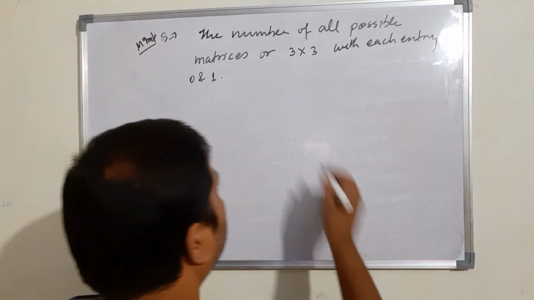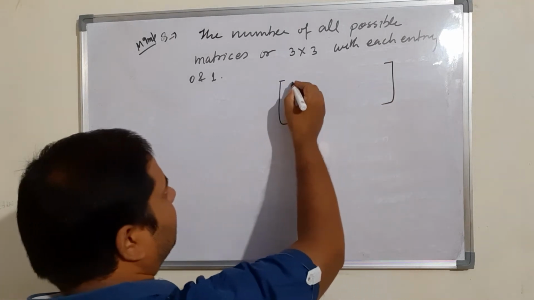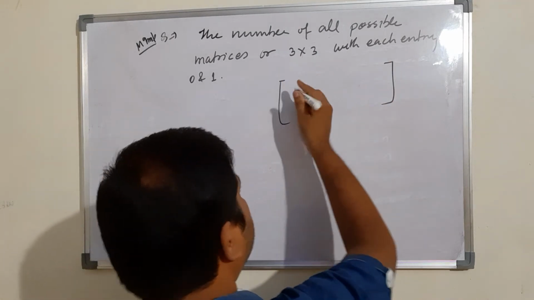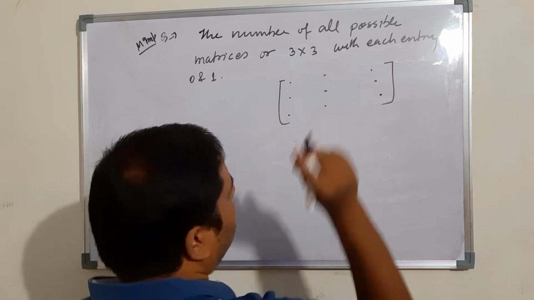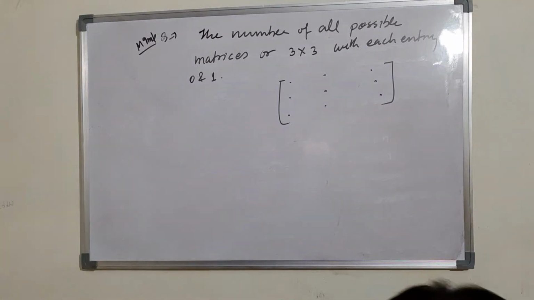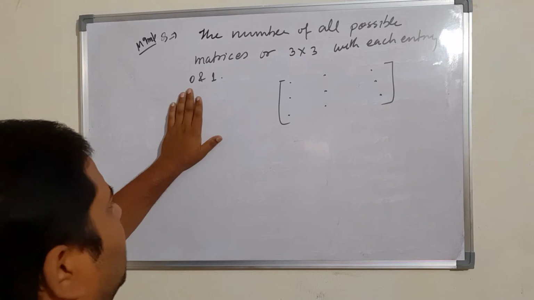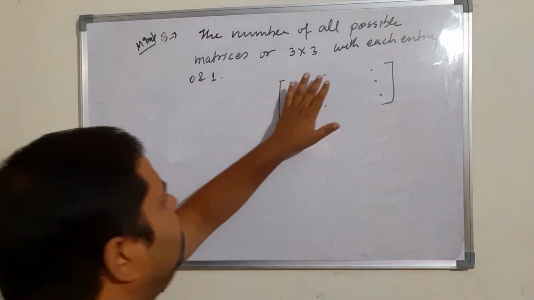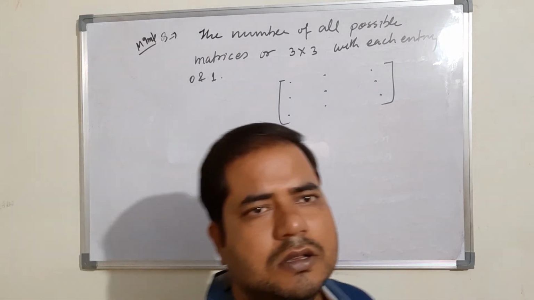You know a matrix of order 3 cross 3 has 9 elements, and the entries are 0 and 1, so each entry is either 0 or 1.